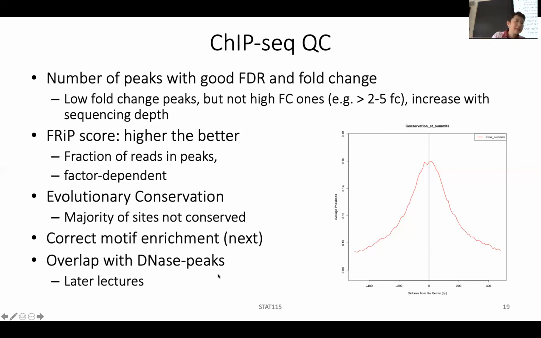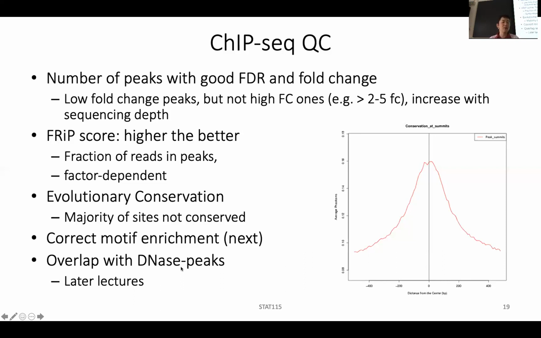By the way, ChIP-seq is one transcription factor at a time. So if I'm interested in how one particular transcription factor, E2F or P53, is binding to the genome, you use one antibody to pull it out. And if you want to do the same in the cell for another transcription factor, it's a different assay. Later on, we will talk about this in future lectures, about the DNase assay.